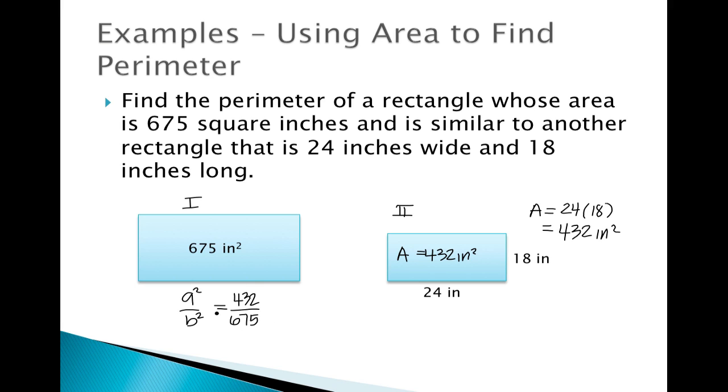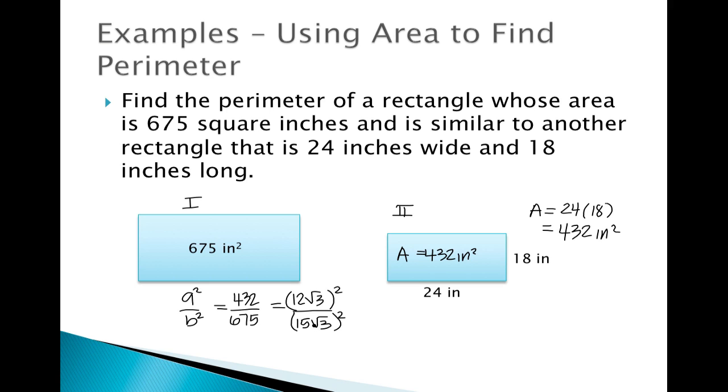When you simplify these, you can reduce them down to where we can find their square roots. The square root will be 12 square root of 3, squared, equals 432, over 15 square root of 3, squared. So we've got our A squared over B squared.